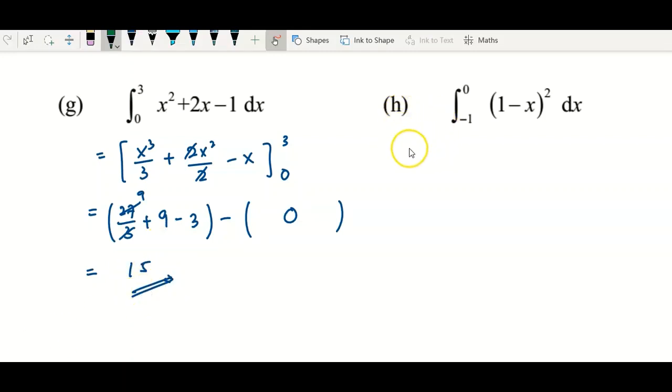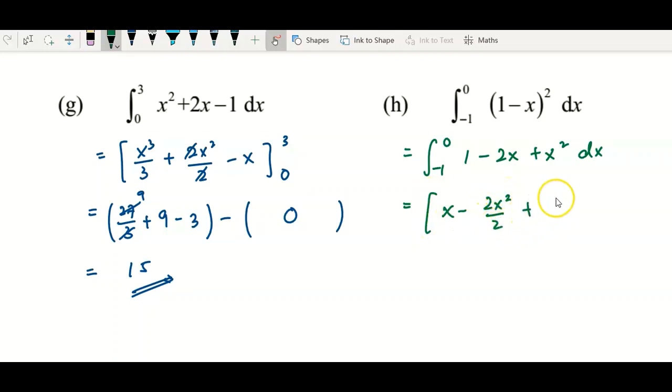To integrate this function h, first I will just expand this first. Expand 1 minus x squared, you have 1 minus 2x plus x squared. After that, integrate term by term, you have x minus 2x squared over 2 plus x cubed over 3.